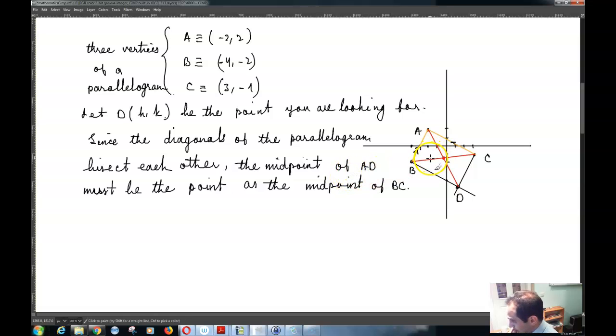So now, using the section formula, you can calculate the midpoint of AD.